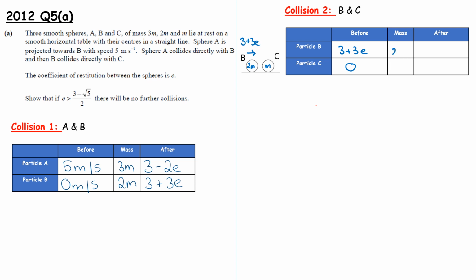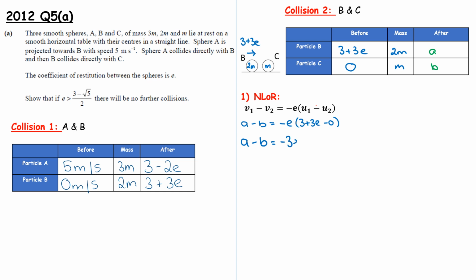They are 2m and m respectively, and then I'm going to use a and b here because I've already used x and y. So first thing I'm going to do, Newton's law of restitution, and that's a minus b is equal to minus e times 3 plus 3e minus 0. And that can be cleaned up as a minus b is equal to minus 3e minus 3e squared.